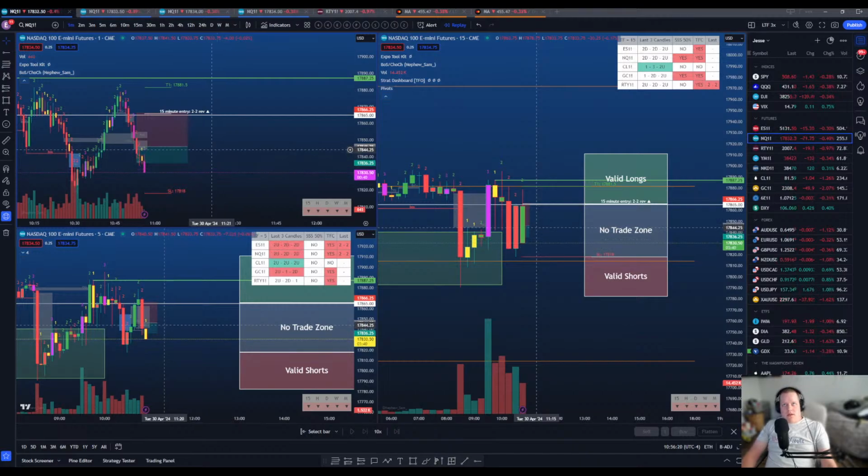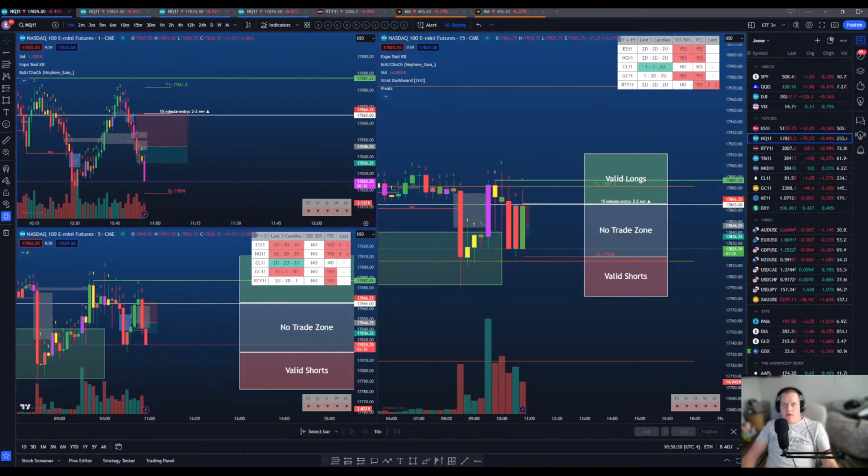Taking a 1R here. Short, obviously. Filled there on the 1R. Filled on the 2R as well. Or 20 points, not 2R, although it ends up being about 2R.